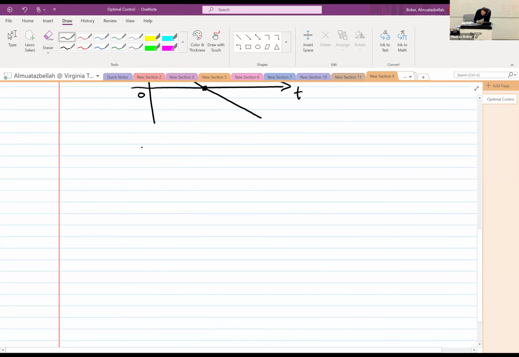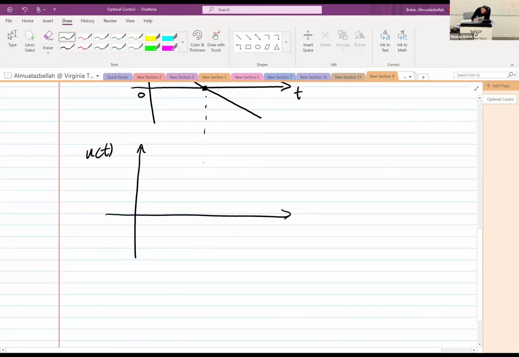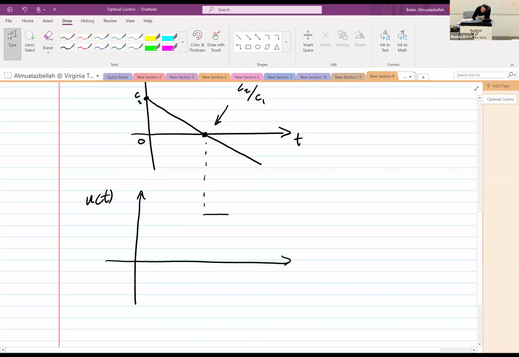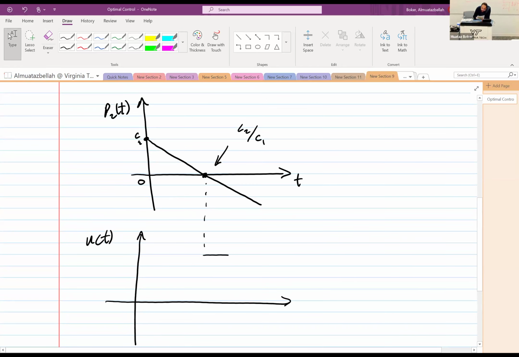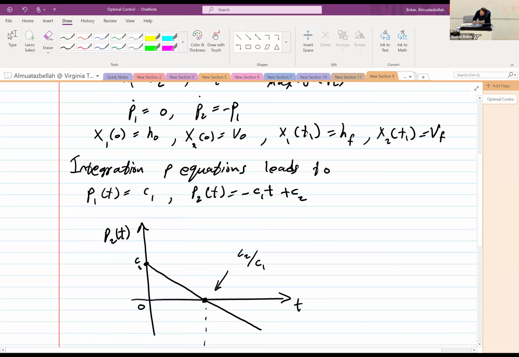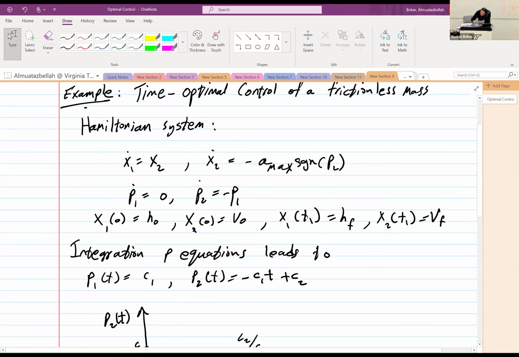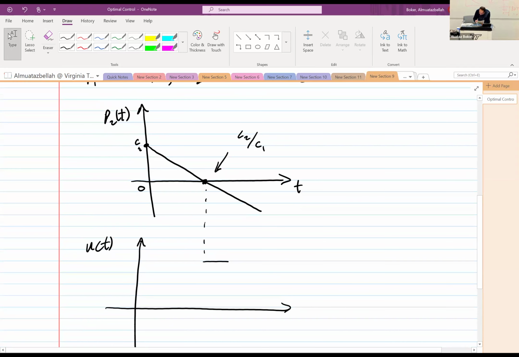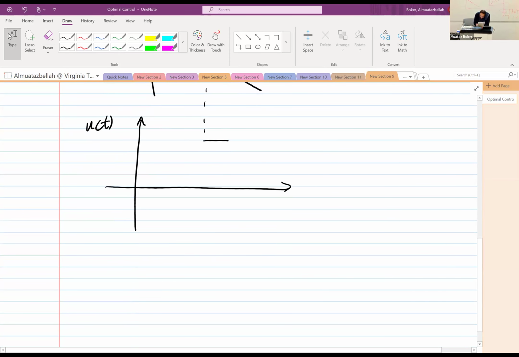Okay, so if I sketch now the control, this is u of t. The control depends on P2. So when P2 is positive, the control will have a minus A max.